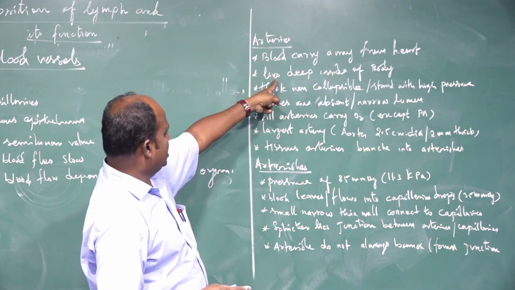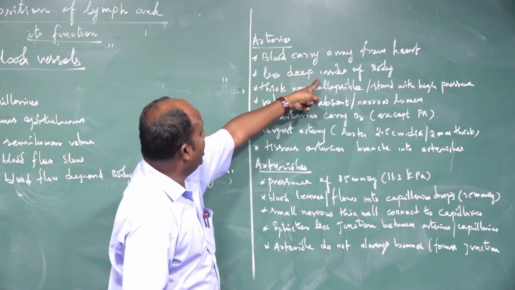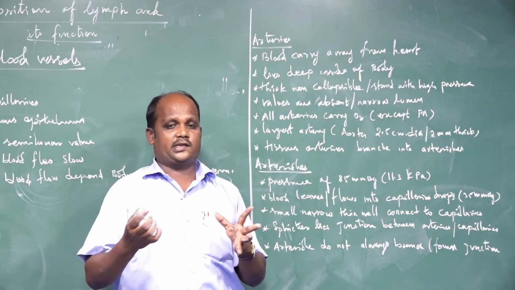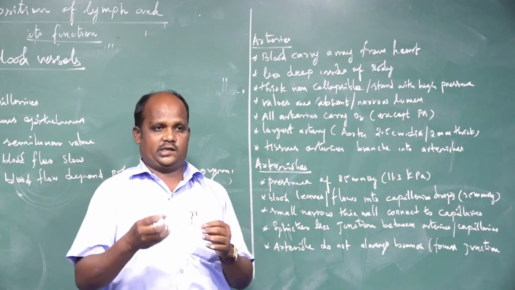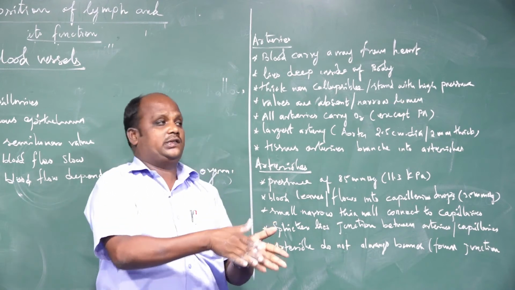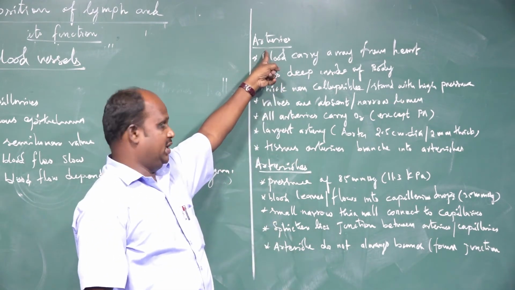Next, arteries lie in deep locations inside the body structure. Inside our body there are many tissues and organs, and the artery blood vessels are located very deep among them.